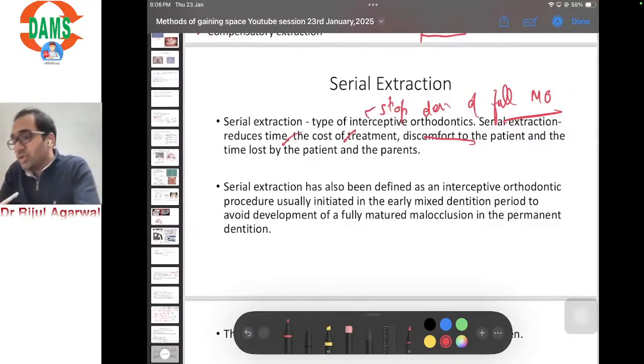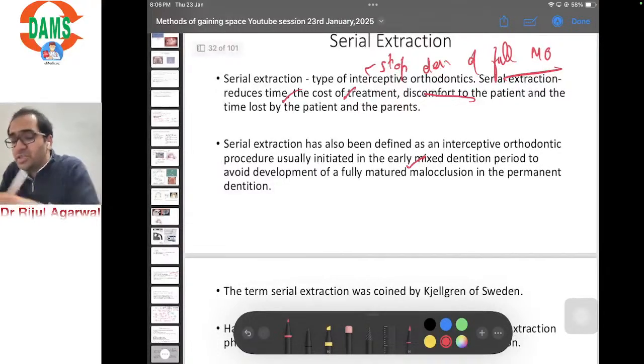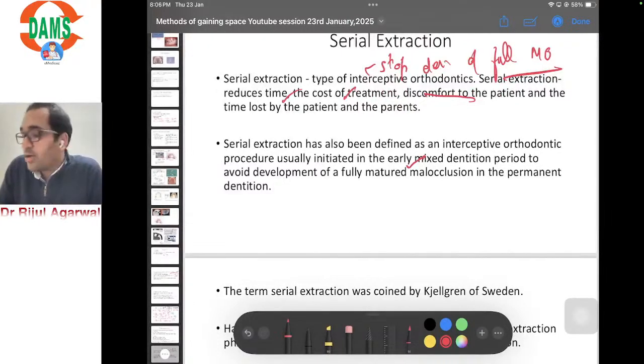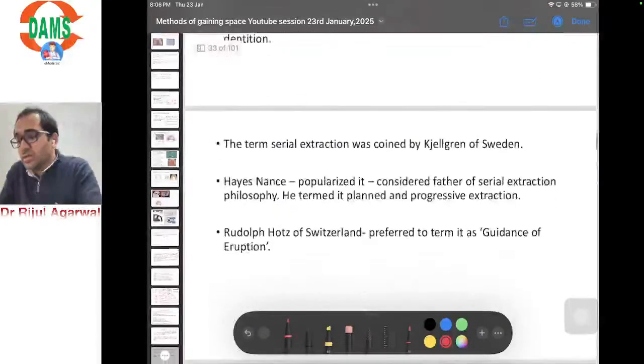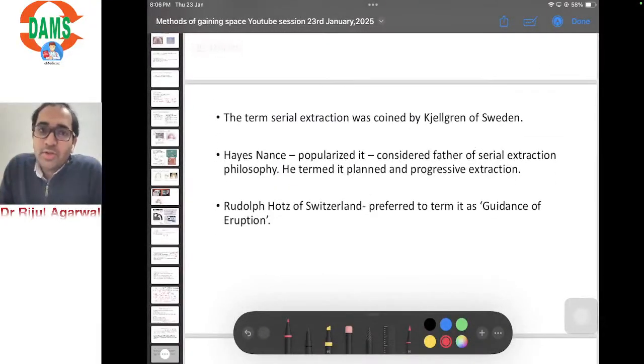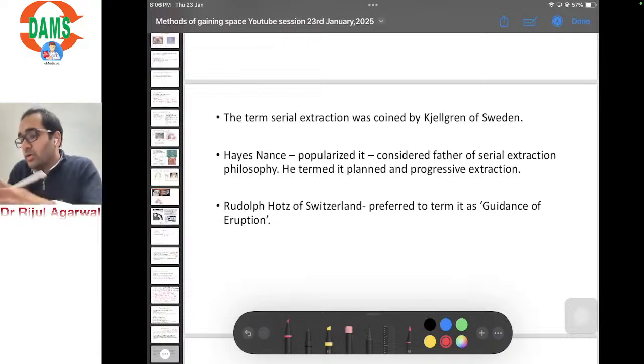It is generally initiated in the mixed dentition period, so as to avoid development of fully matured malocclusion in the permanent dentition. Now some historical names. The term was coined by Kjellgren of Sweden. It was popularized by Hotz's contemporary Nance, who is considered the father of serial extraction. And lastly, Rudolf Hotz of Switzerland gave it the term guidance of eruption.